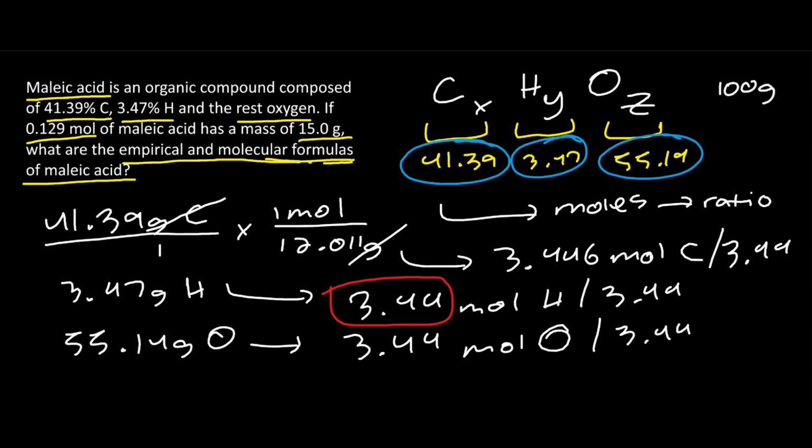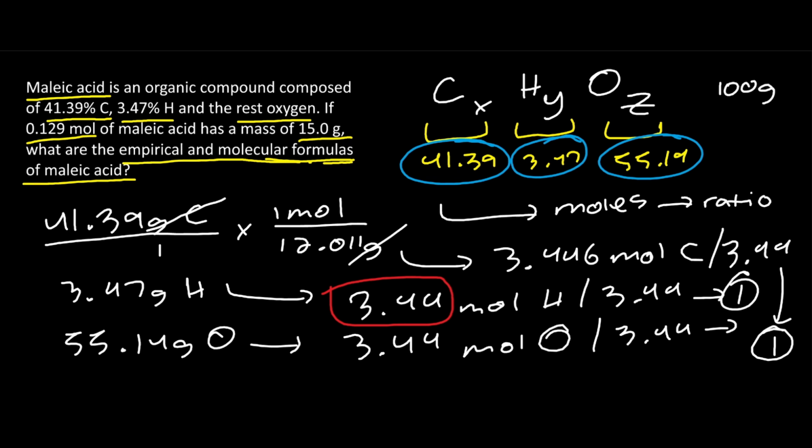And basically these two are going to come out to 1, so we know that the subscript for hydrogen and oxygen will be 1, and then this over here is going to come out to be also 1. So essentially we know that these numbers that we got here are our subscripts for our empirical formula.